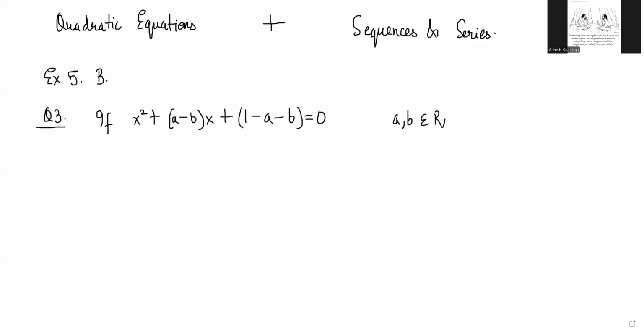Find values of a for which the equation has unequal real roots for all values of b. Okay, values of a for which unequal real roots for all values of b.